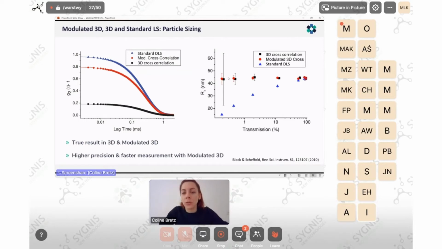Typically, to reduce such an error bar, one would need to conduct a longer measurement to ensure that you acquire higher signal and higher statistics, which reduces these errors that you can see here. In modulated 3D, you start with a high signal, so the accuracy and the precision are high, which allows you to do relatively fast measurements.